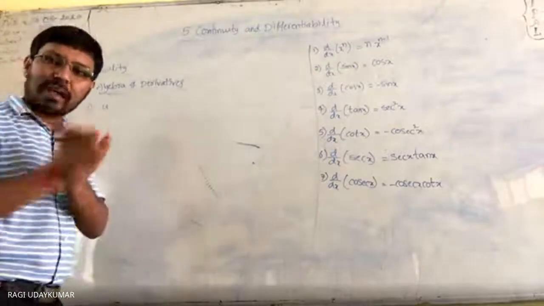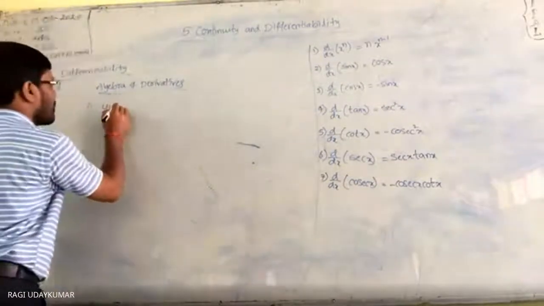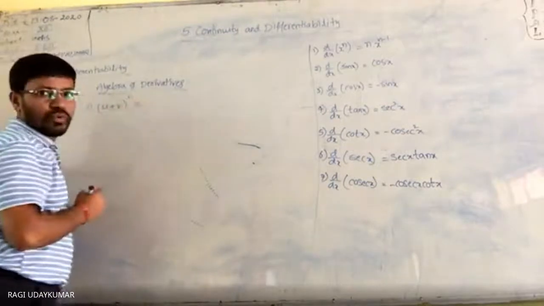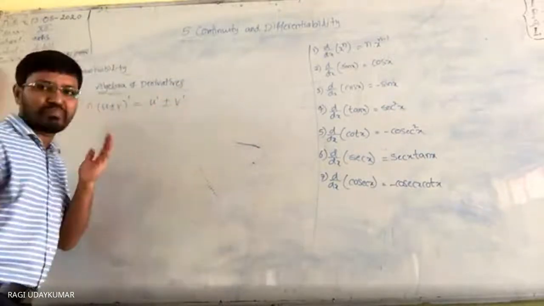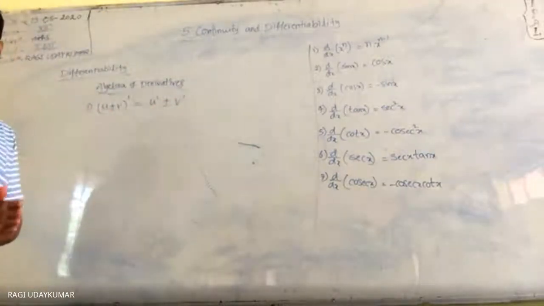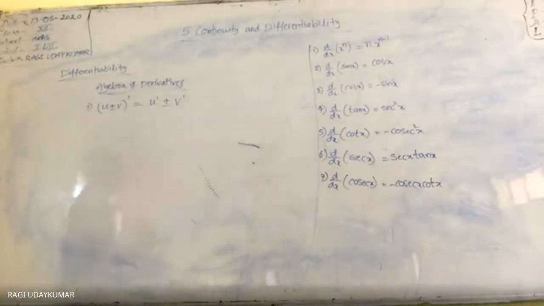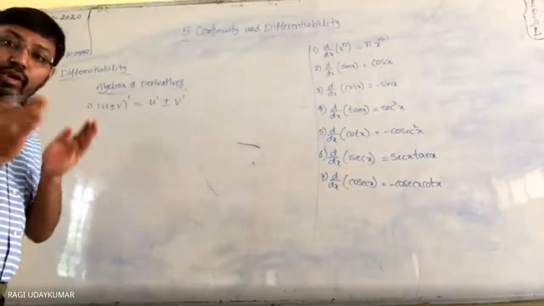If you have the sum or the difference of the two functions, their derivative will be equal to u dash plus or minus v dash. Individually you can split them. Whenever you have a sum or difference, it can be split individually.